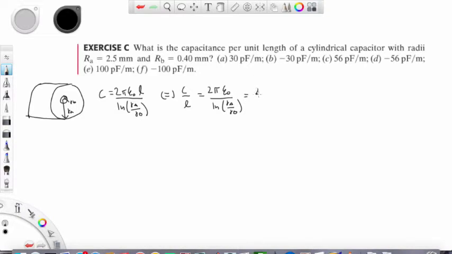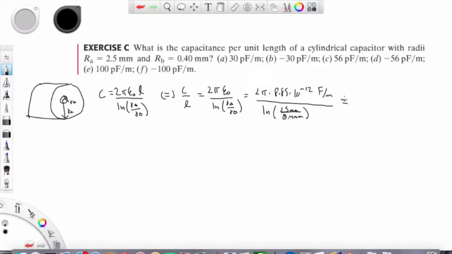So we get 2 pi times 8.85 times 10 to the minus 12 farads per meter, this is one of the units for epsilon 0, divided by the log of 2.5 millimeters in the argument, and the RB was 0.4 millimeters.